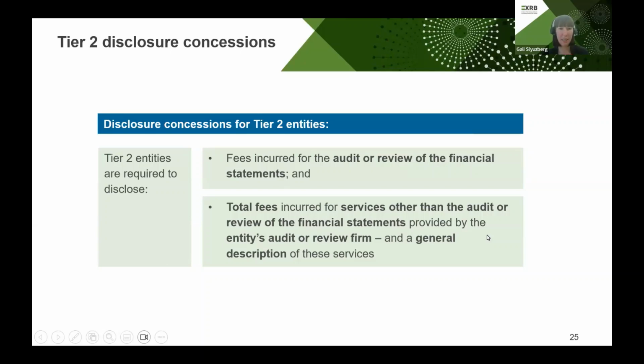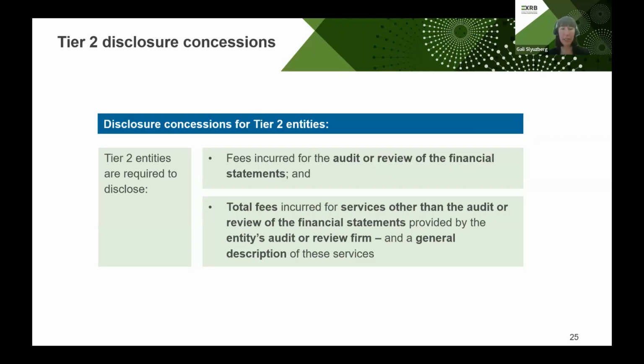And yes, tier 2 disclosure concessions. As I mentioned at the start, for both for-profit entities and public benefit entities in tier 2, there are some reduced disclosures when it comes to the new amending standards.